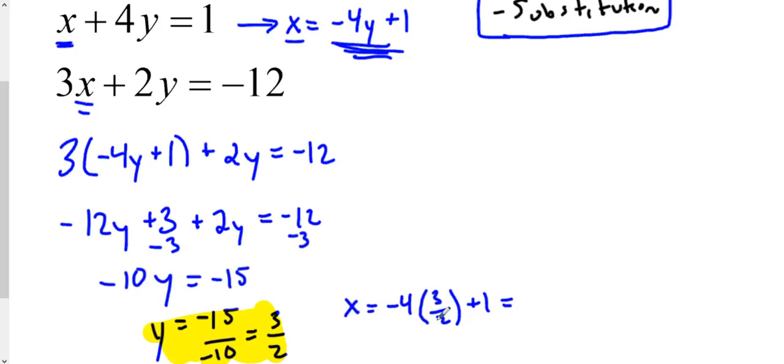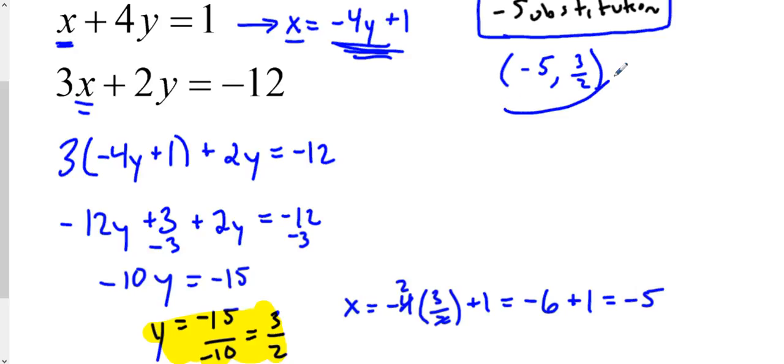That can simplify: the 2 cancels out, and the 4 turns into 2. Negative 2 times 3 is negative 6, plus 1, which equals negative 5. So our solution, our common intersection point, is negative 5, because that's our x, and 3 halves. And that is what we got here. That's our solution.